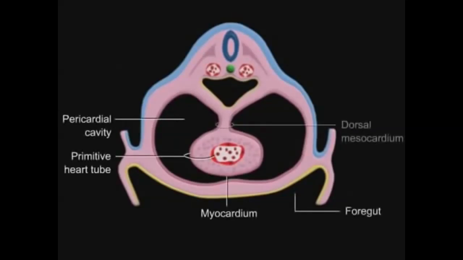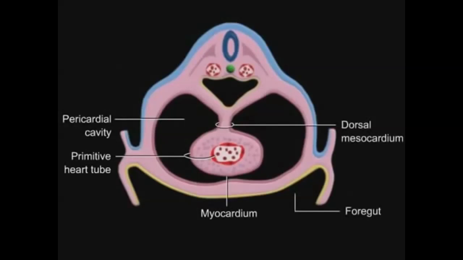Let us try to understand each detail. So, we can see that the primitive heart tube is surrounded with part of the pericardial cavity, and at this stage it has a dorsal mesocardium.